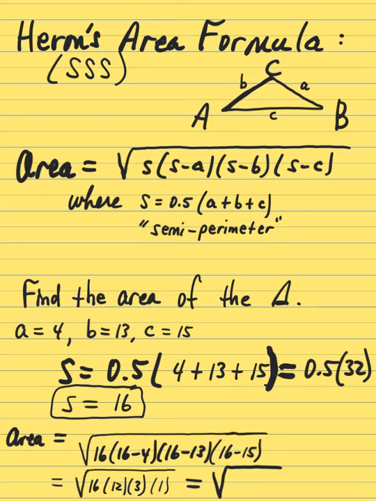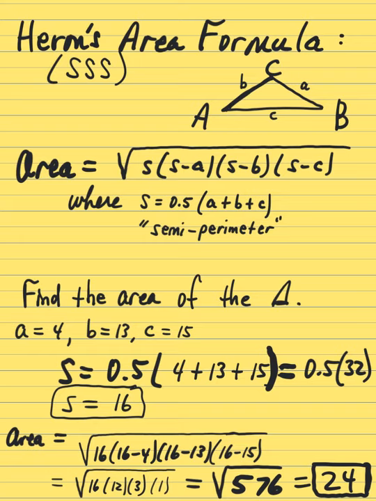You don't have to do every single step like I'm doing. 16 times 12 times 3 times 1, I get 576. And then the square root of that is 24. Came right out on the dot. I can't believe it. All right, so this would be 24 square units, but that would be your area.